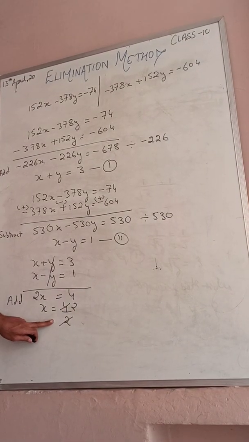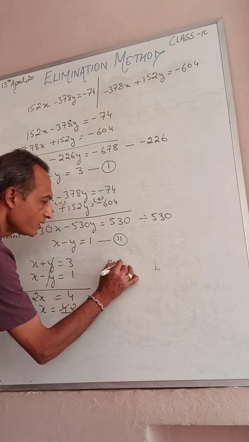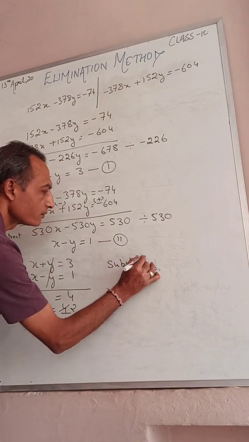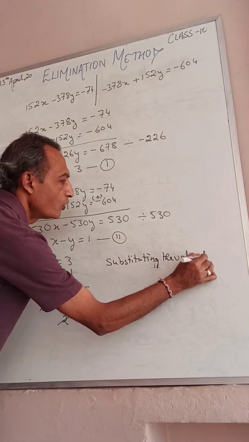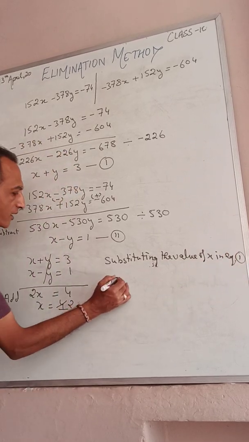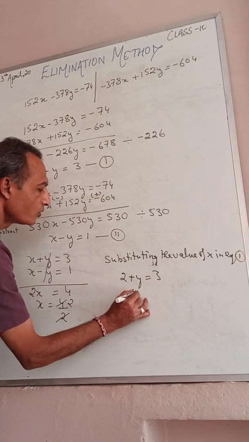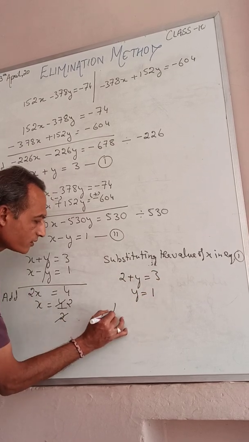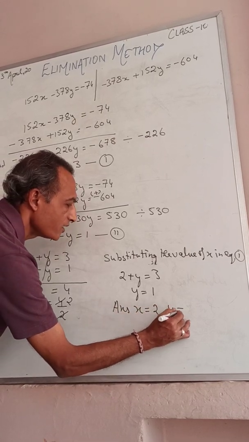Substitute this value of x in any one of these equations. Substituting the value of x in equation 1, I get 2 plus y equals 3, or y is 1. So the final answer is x is 2 and y is 1.